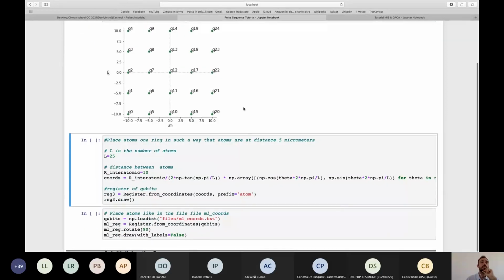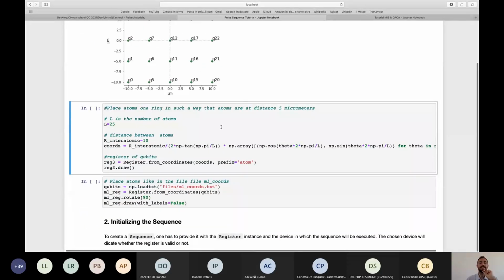Now let's do something that is more complex. Here we place the atoms in a ring. The distance between atoms is defined by this part of the code.